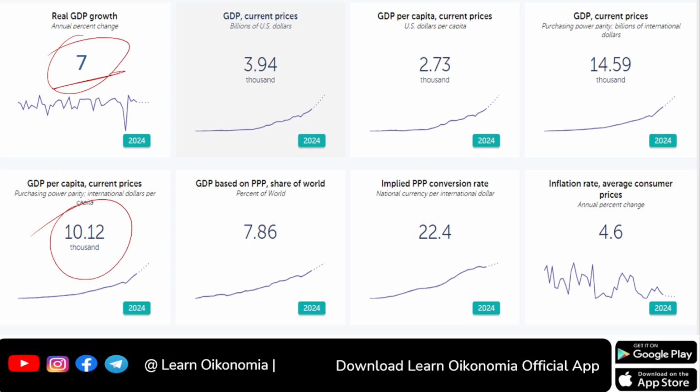Here we are looking at the purchasing power parity based aspect, in terms of international dollars per capita. Now if you look at the inflation rate of India, looking at the average consumer prices, it is recognized as 4.6% for 2024. There are several other figures given here, but since these are the prominent ones to be discussed, I was just telling about the same.